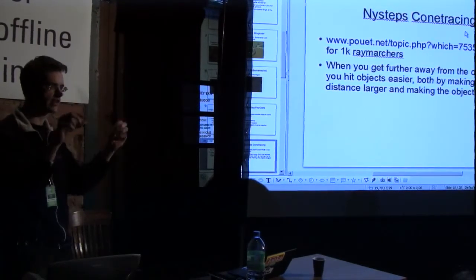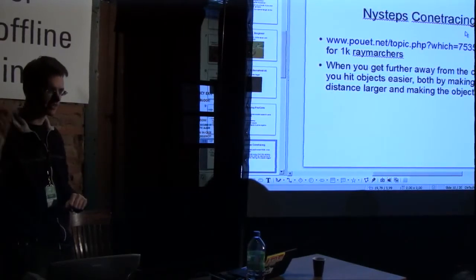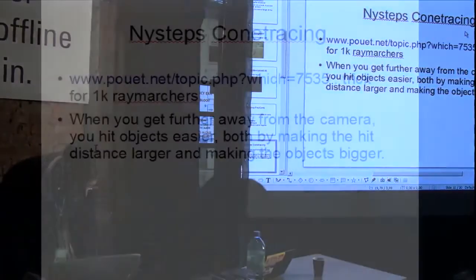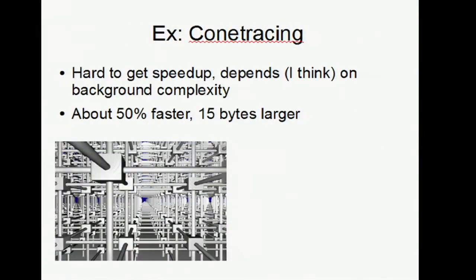You have some line of code like distance equals distance function minus epsilon. And I had a hard time getting the results Nysteps described. It really depends on the scene and especially the complexity of the faraway background.